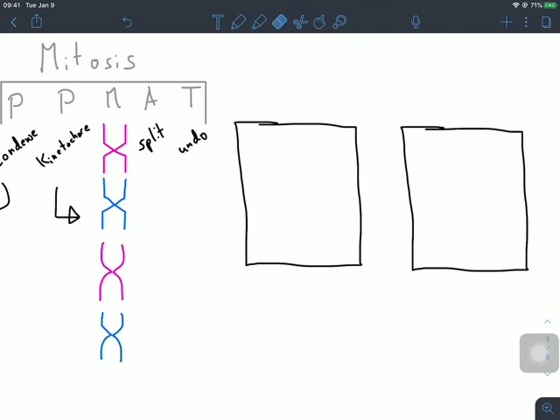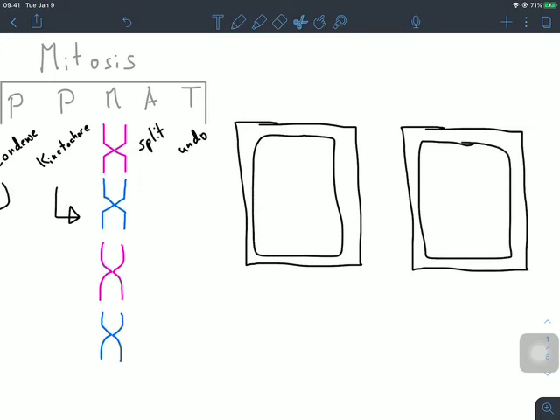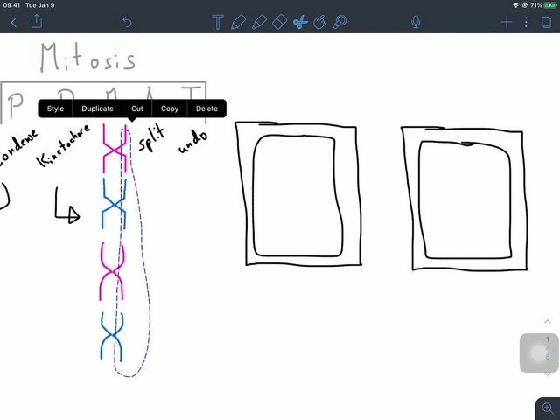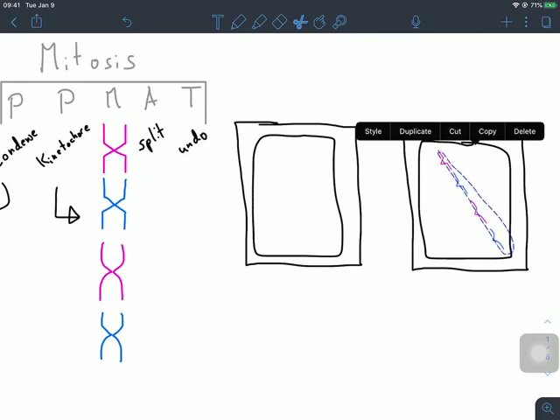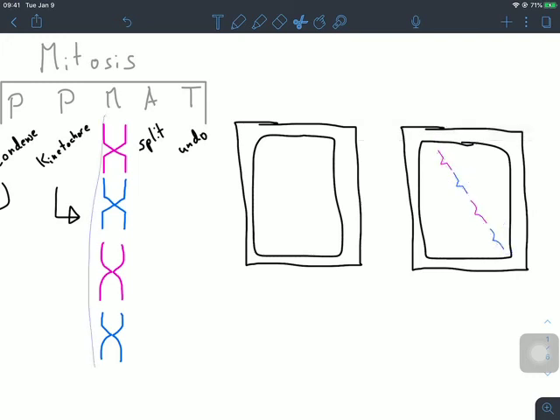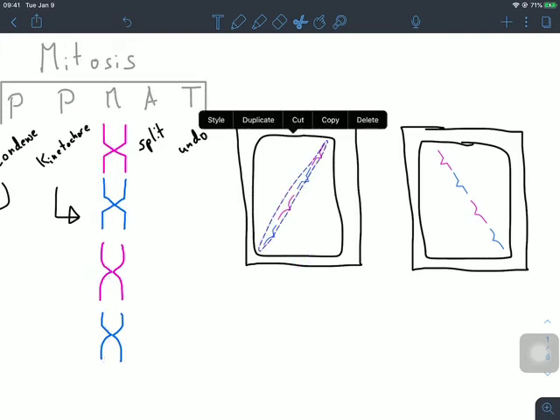And now for this splitting, I'll draw an exaggeratedly large nucleus here, so pretend that that is your cell and this is your nucleus. The splitting occurs in such a way that all of the chromosomes on one side migrate to their respective side, and all of the chromosomes on the other will migrate to the other cell.